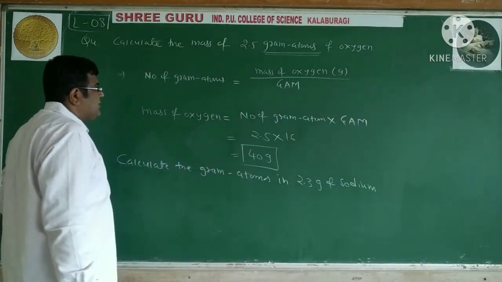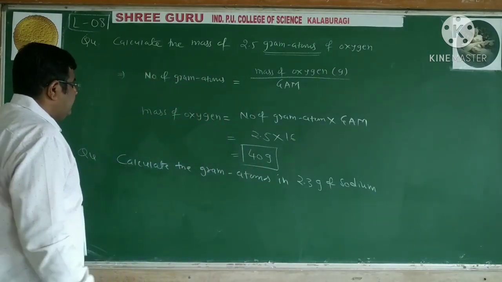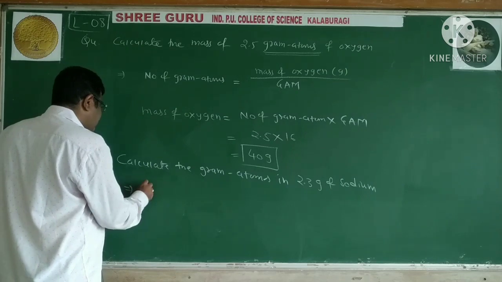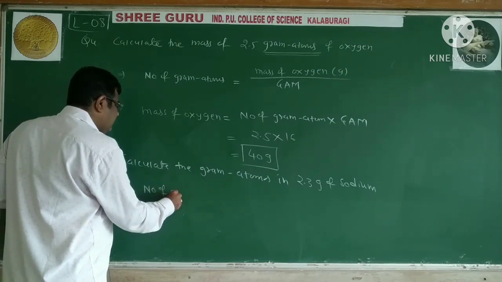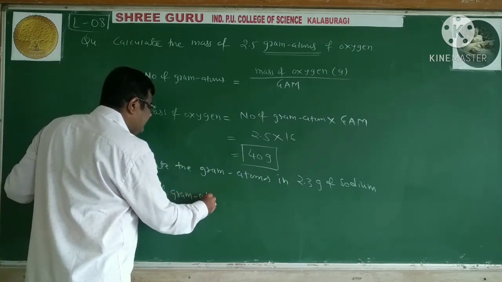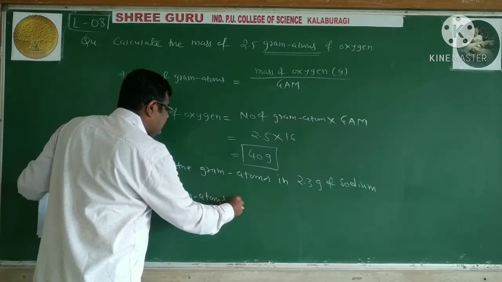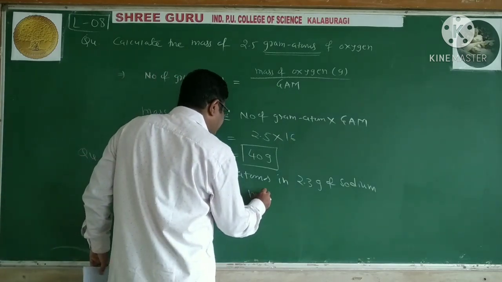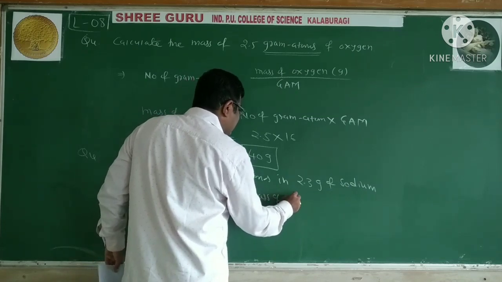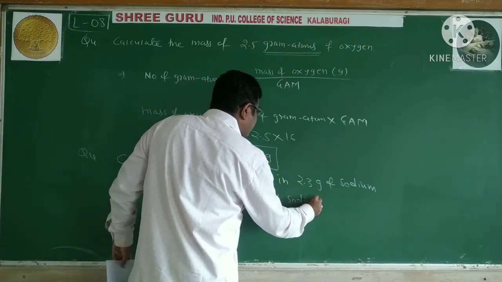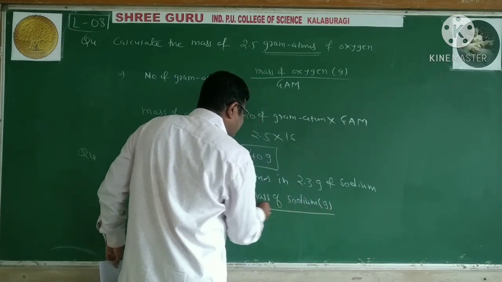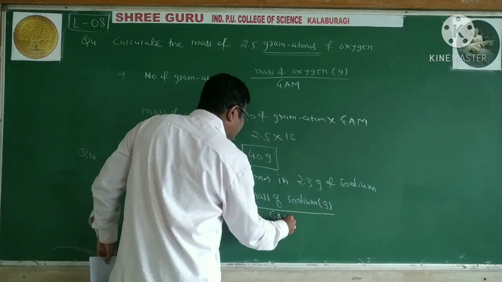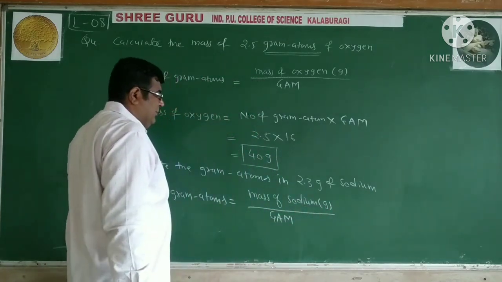So you can say that number of gram atoms, they ask us to calculate that only, is equal to mass of sodium in gram divided by gram atomic mass.